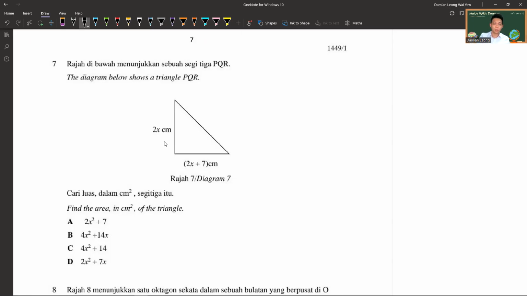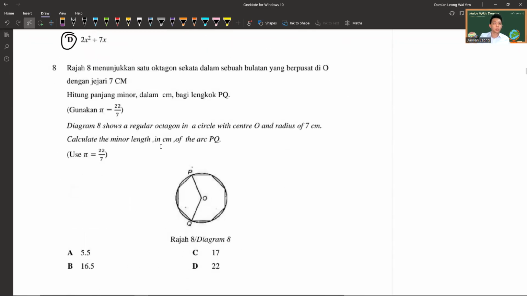So just area of triangle: half times base times height. Half times 2x plus 7 times 2x. That's it. Just as simple as that. Half and the 2 I can cut. So x times 2x squared plus 7x. That's it. Answer D.